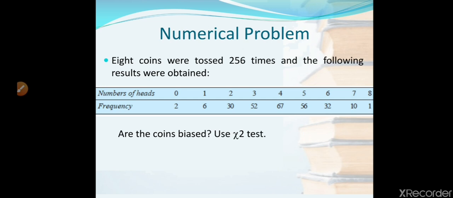So 8 coins were tossed together 256 times. Are the coins biased? Use the chi-square test.